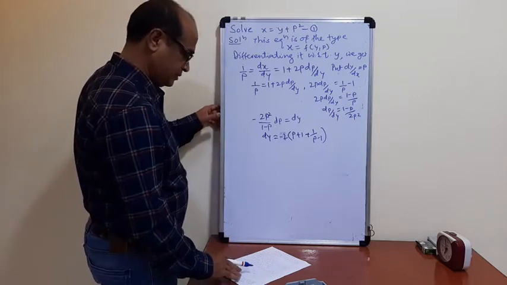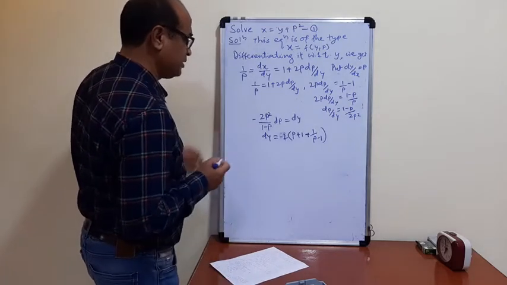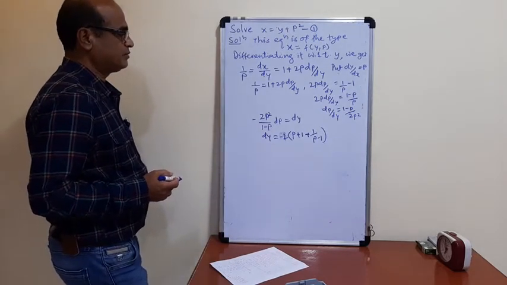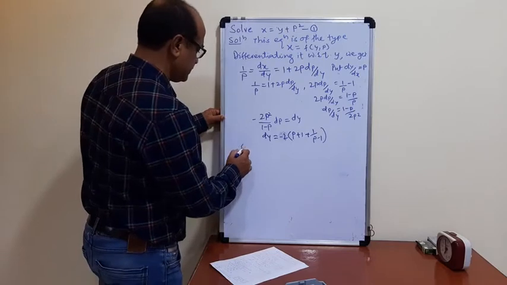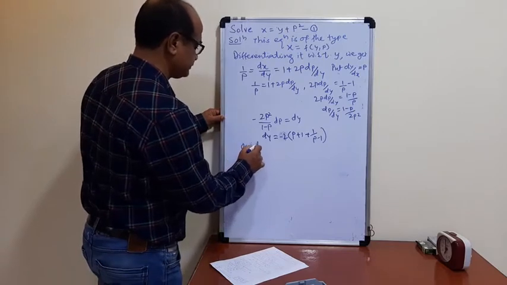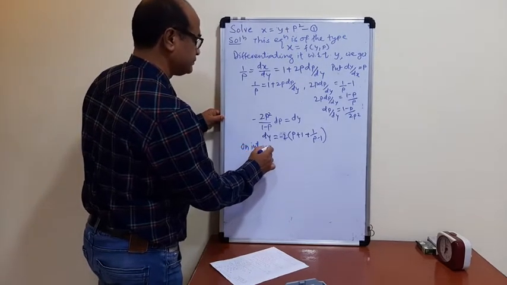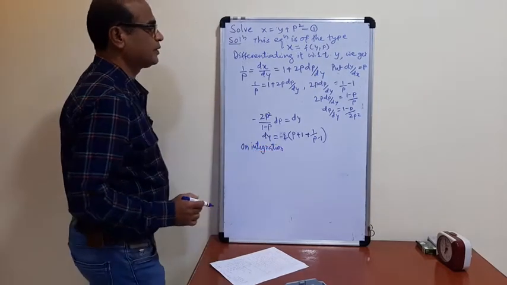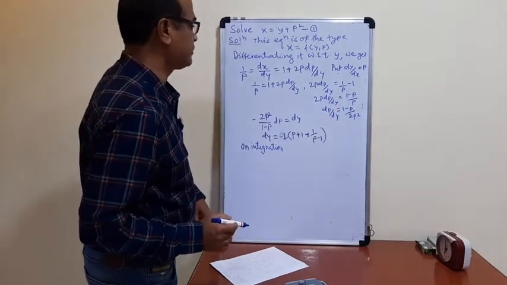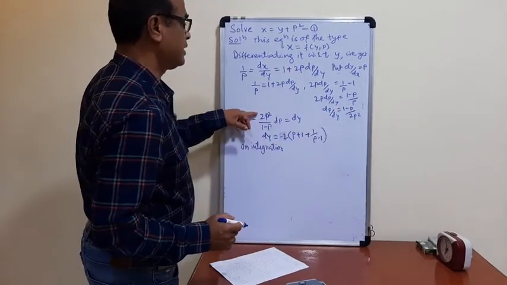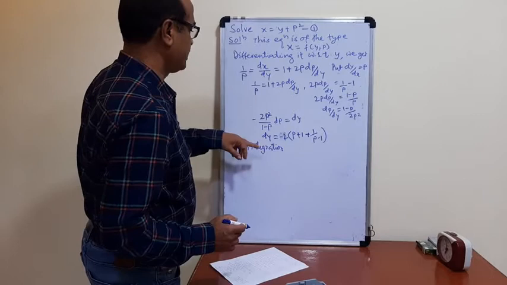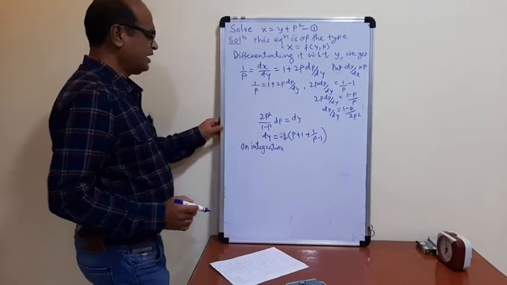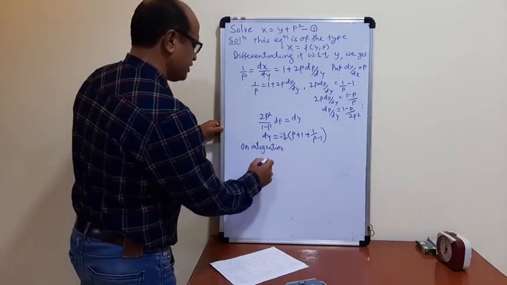Then, so what is the integration of this? So on integration, 2p square divided by 1 minus p is equal to dy. So okay, this is correct here, I think. On integration, so what is the integration of dy?